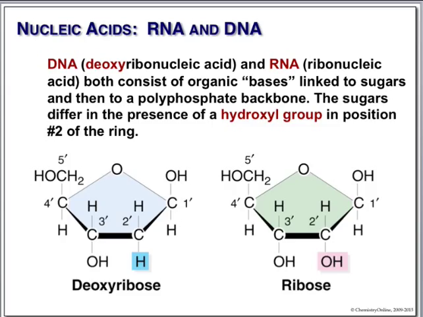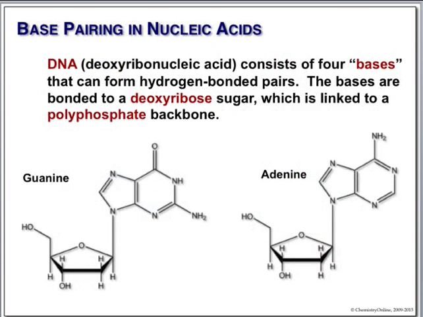Again, OH, OH, CH2OH. The difference between ribose and deoxyribose is simply that we have an OH group here on carbon 2. Here we have a hydrogen instead. So that's the D that's in DNA. In RNA, you have ribose only. DNA, you have deoxyribose. That's enough of a difference to set the two totally apart.